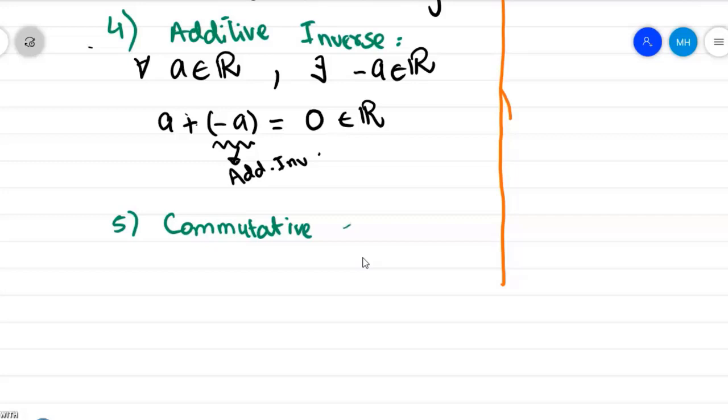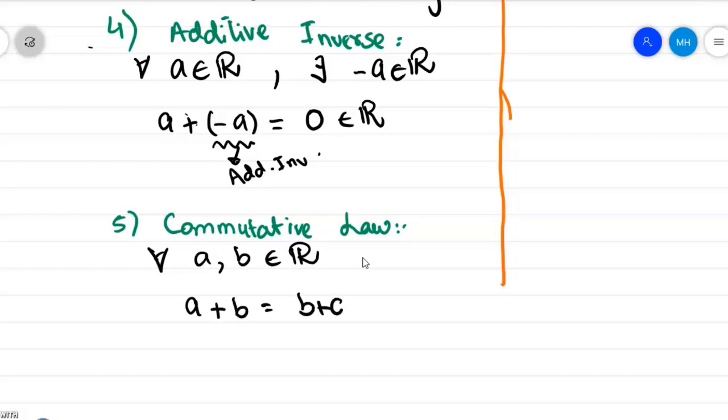So if we have two elements A and B belonging to the real numbers and you change the position under this operation, the answer will be the same. Then we can say that these elements of the real numbers have the commutative property under addition.